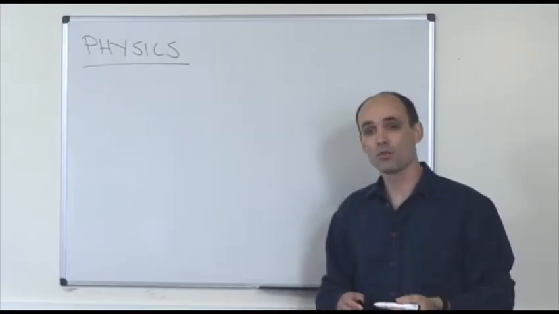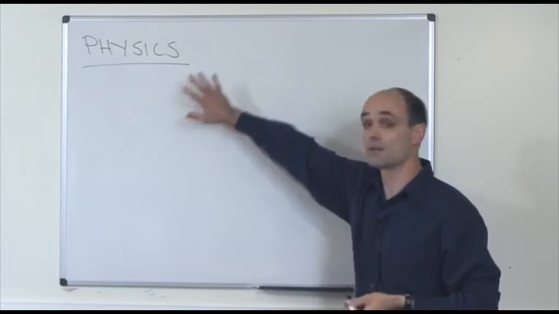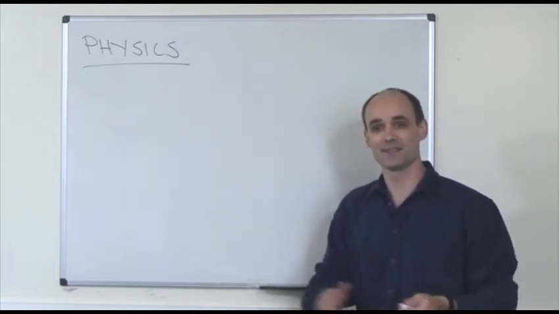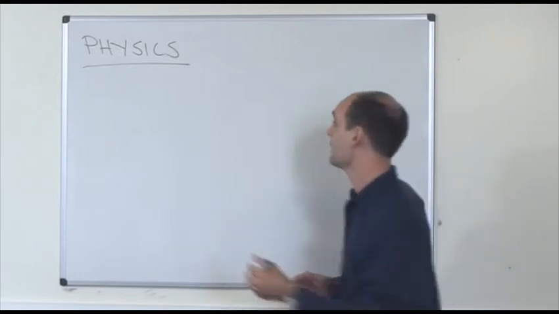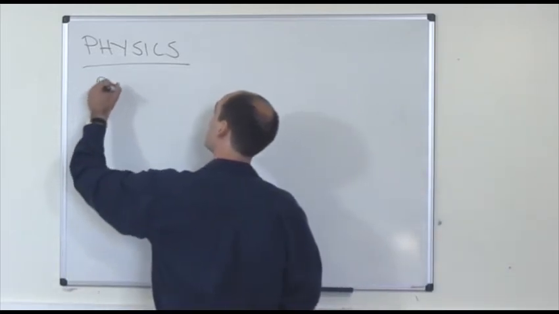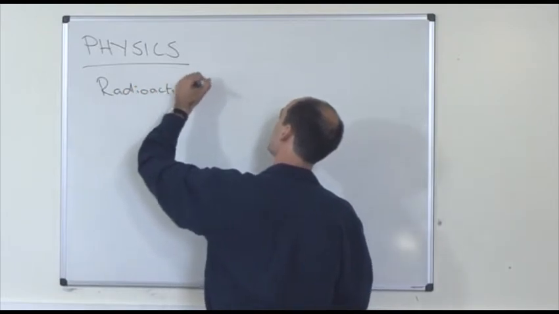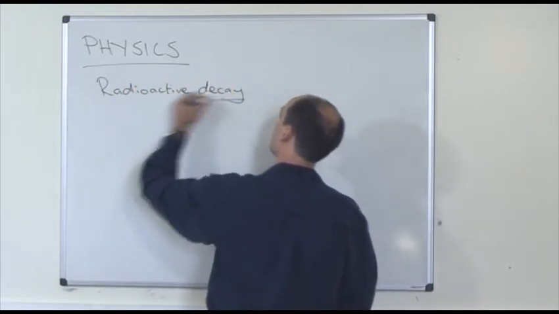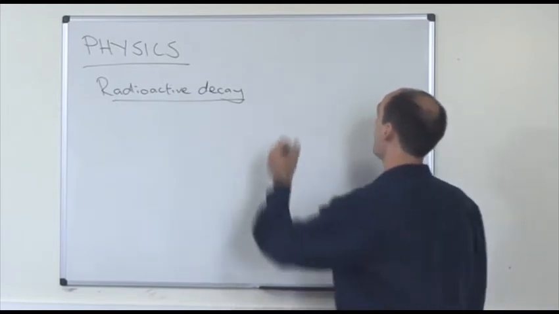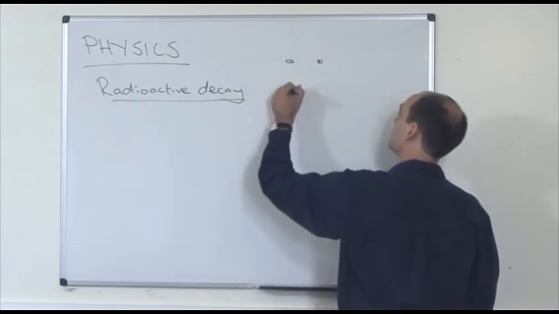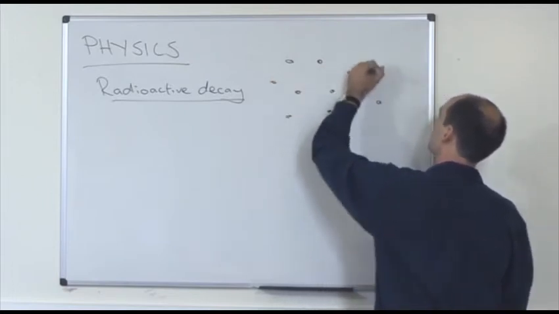So the first three areas I'm going to talk about very quickly are all from the area of physics. Actually, my background is in physics, so this is what I know best. The first one I'm going to talk about is radioactive decay. In radioactive decay, what you have is a whole load of atoms. Let's call them N atoms.